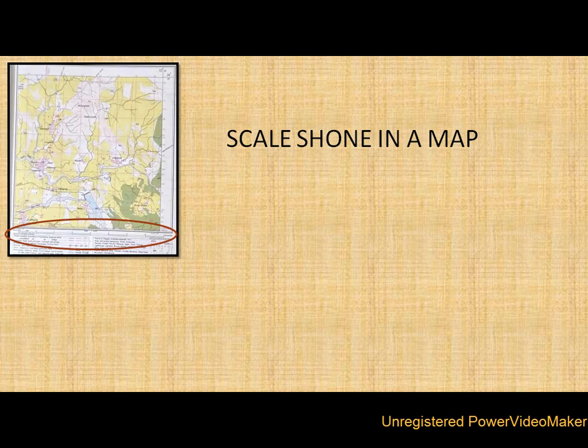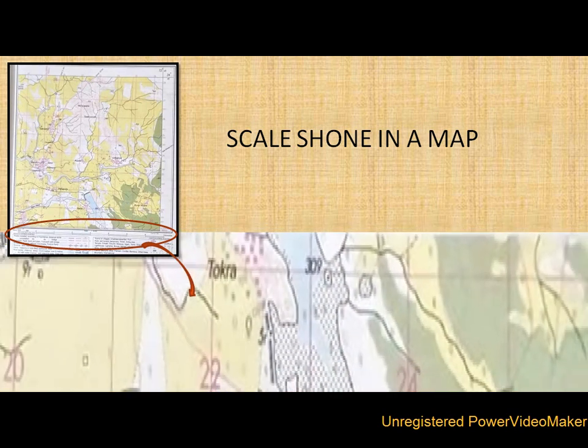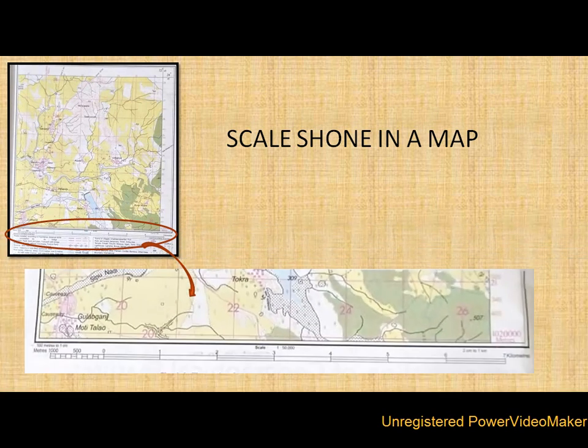I am going to enlarge or magnify that particular part shown below. Now you can see on the left side of the picture it is written that 500 meters to 1 cm.